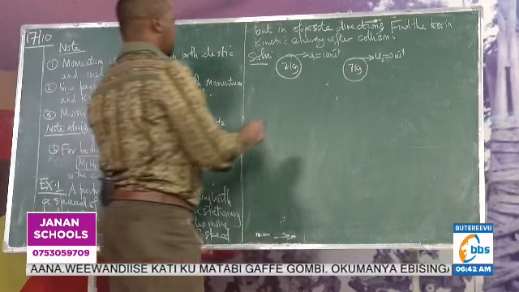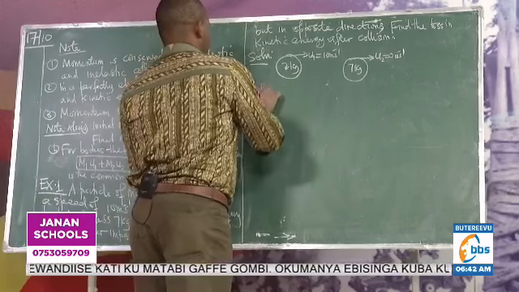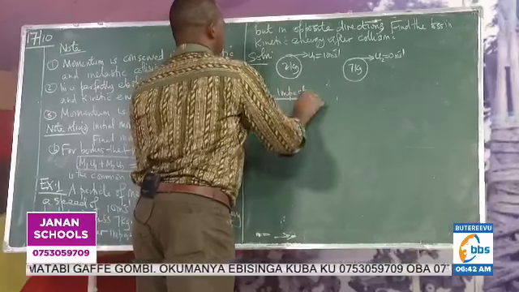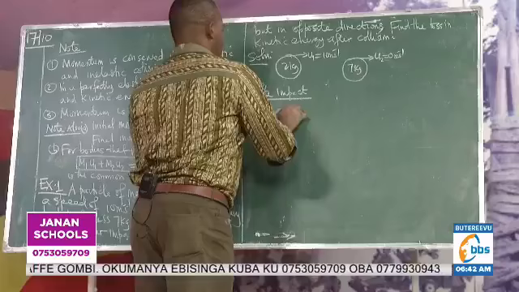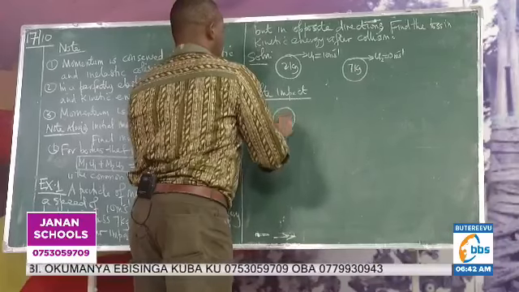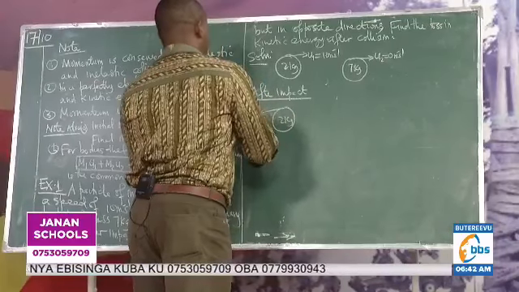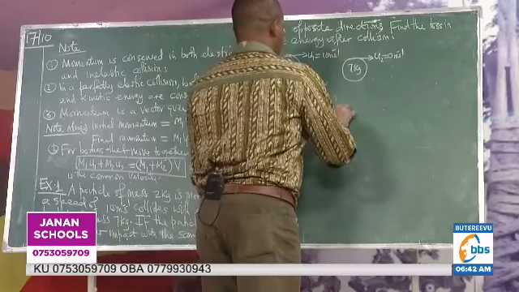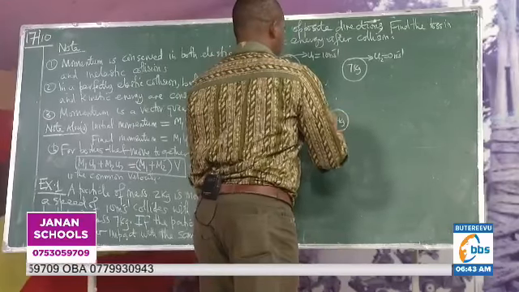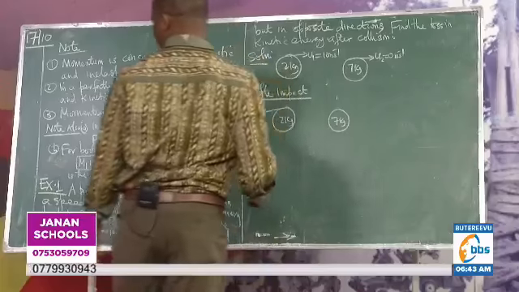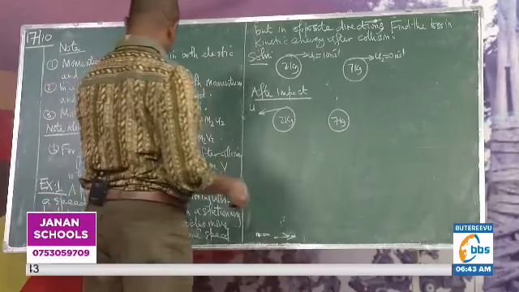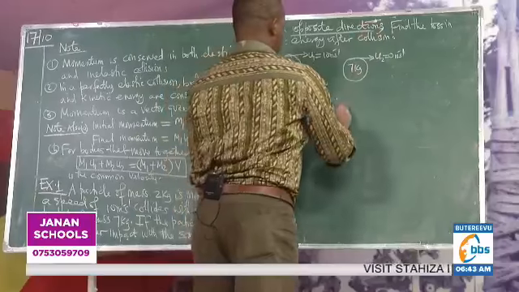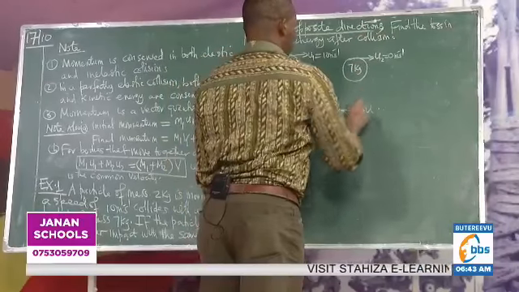So it means that after impact, if this is the 2 kilogram mass, it can move in this direction. And if this is the 7 kilogram mass, because they're saying in opposite directions, it should move this side, but with the same speed.